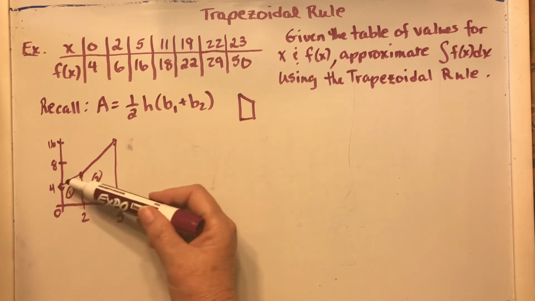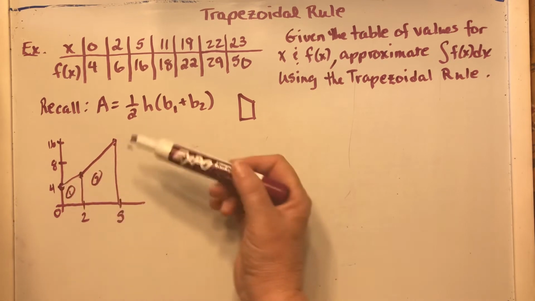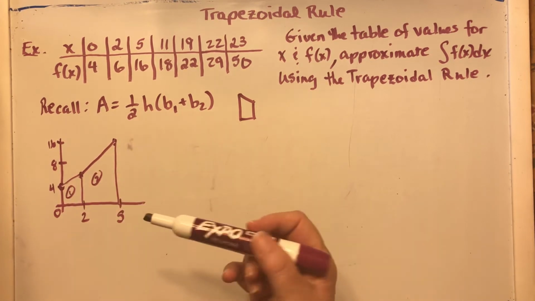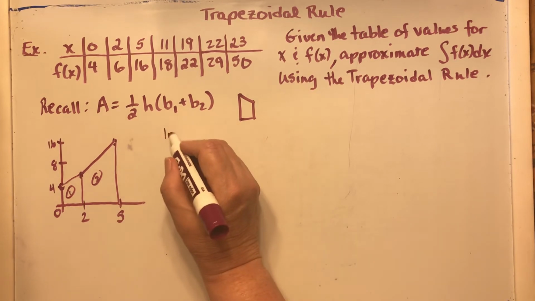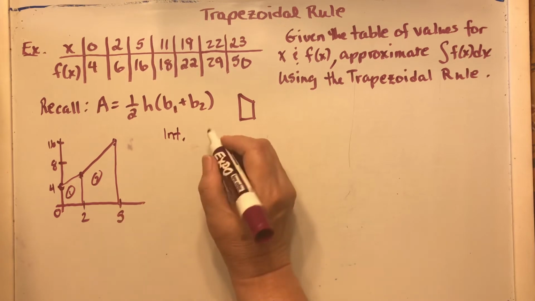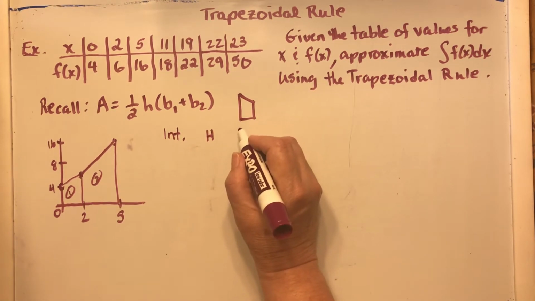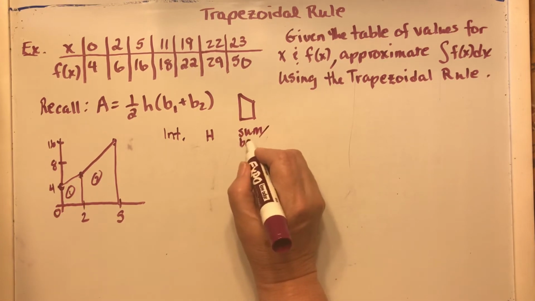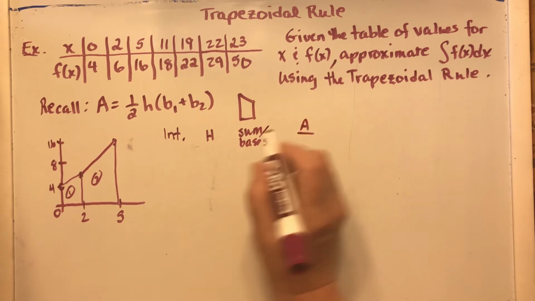So notice the distance from your one y value to the other, from one point to the other, that's not written in the formula. We don't need that. All right, so I'm going to make a chart like I did yesterday. I'm going to have the interval, the height, the sum of the bases, and then we can find the area of our trapezoid.